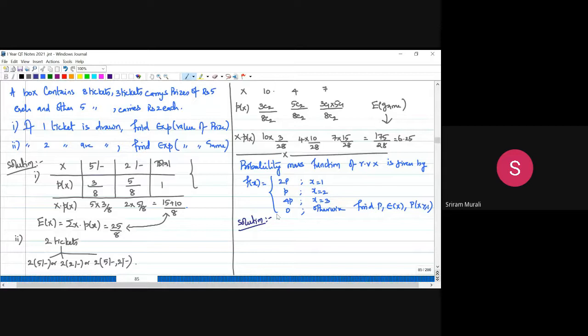How do we start? Whenever it is a discrete function, you know the total probability is equal to 1. So these are all the probabilities. In the place of p of x, I call it f of x. If you add everything, 2p plus p plus 4p, this implies p is equal to 1 by 7.